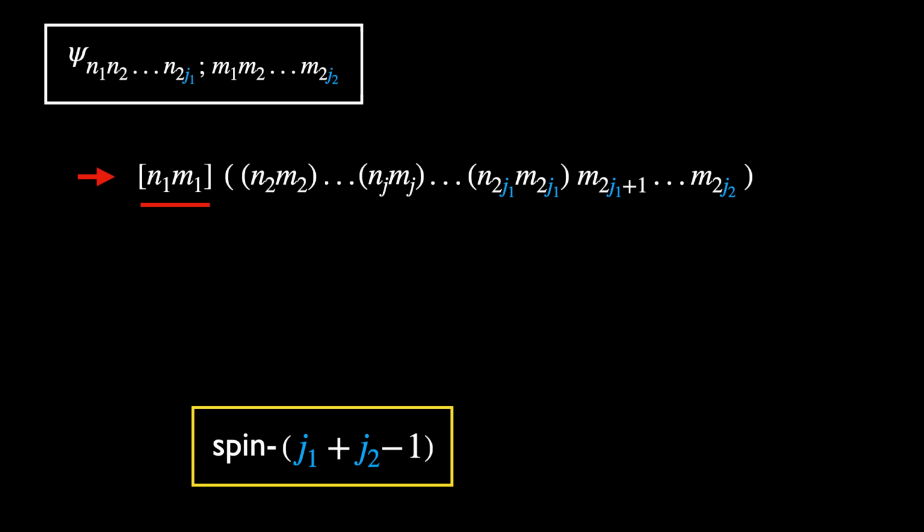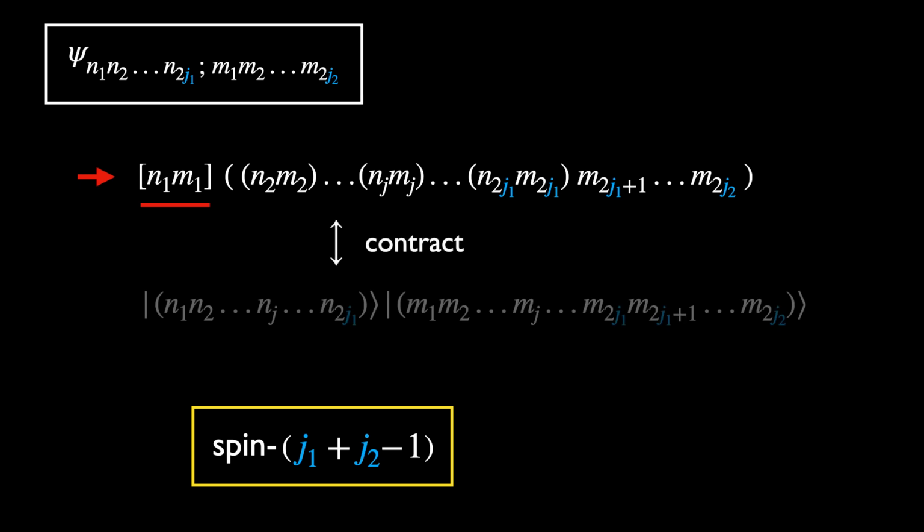But they give identical results when contracted with their basis states, because the indices n and m are symmetric within their own set, so are the basis states. They are in fact the same term, just summed over in a redundant way over symmetric indices, then divided by all these permutations.